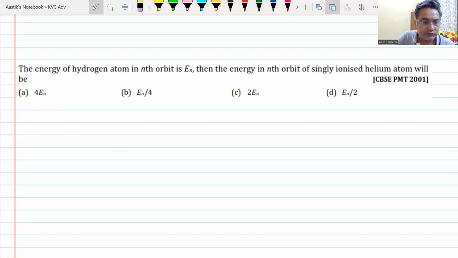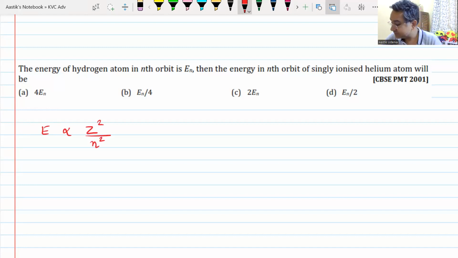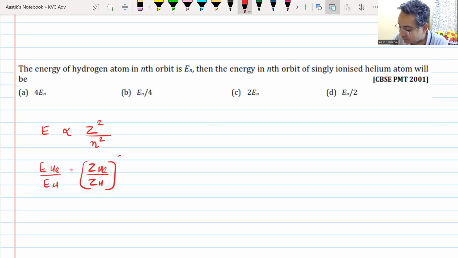Option A, sir. We must understand that energy for any hydrogen-like atom is proportional to Z square by n square? Yes or no? Yes, sir. So energy in the helium divided by energy in the hydrogen, the orbits are same, so it is proportional to Z of helium divided by Z of hydrogen, squared.